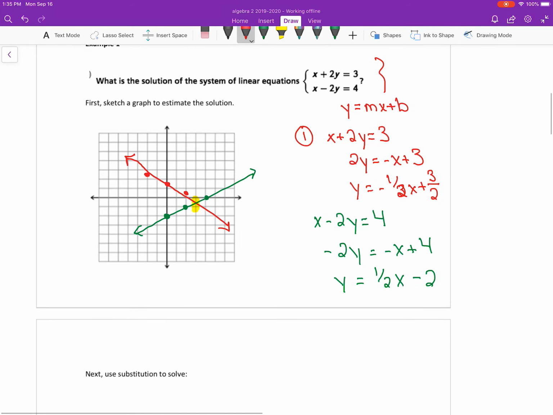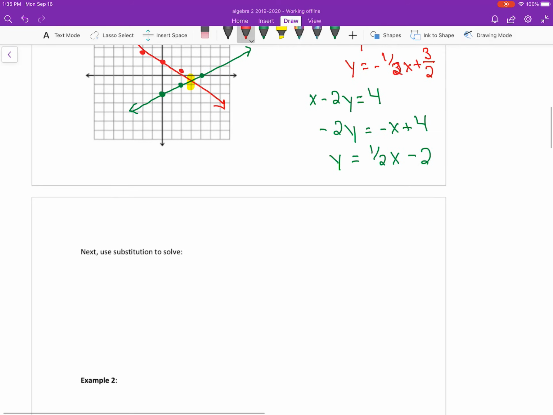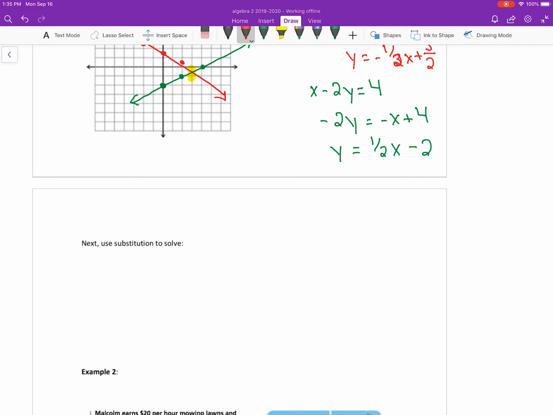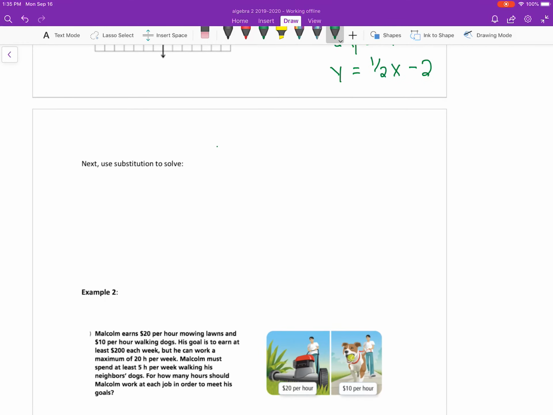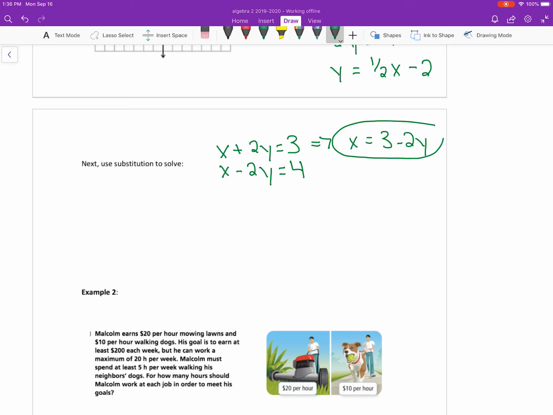And in order to do that, we can use substitution, which is a pretty easy way to go for sure. So if we take our two equations, x plus 2y equals 3 and x minus 2y equals 4, and we solve this equation for x, we can take that quantity and sub it in for x in the other equation.